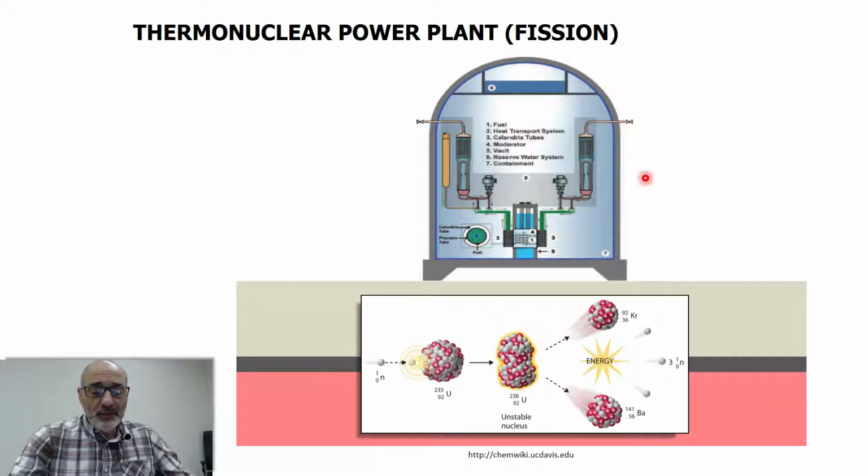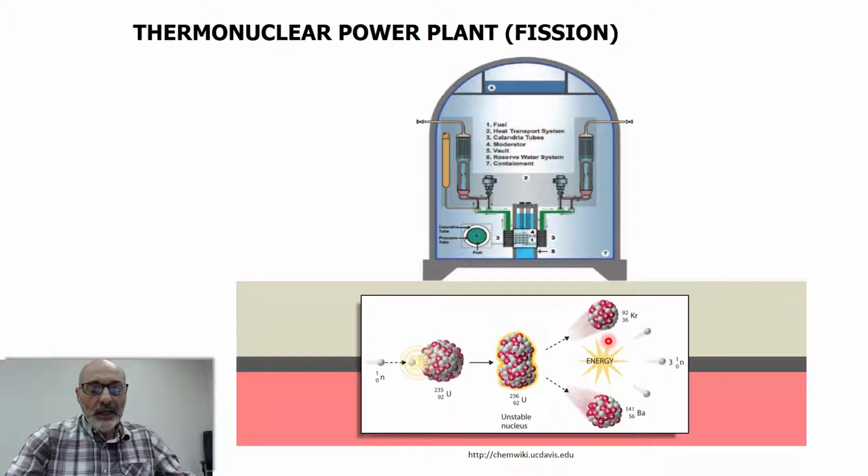Just to remind you, if you're not aware, what is a fission reaction? Actually, it is a breakdown of the nucleus of the atom, like it's shown here from uranium. When a neutron hits the nucleus of a uranium atom, it splits in two.